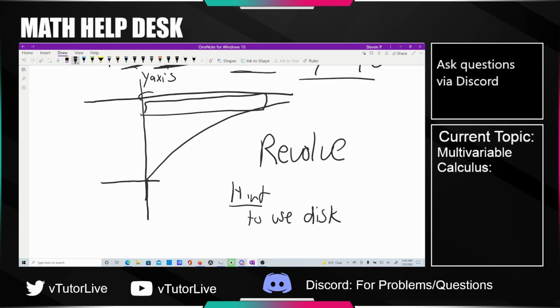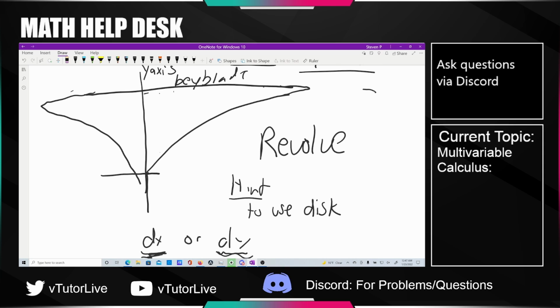You see that? What used to be a rectangle in one dimension is now being spun around into a circle. Can you picture that? Is that crazy, or is that easy to visualize? It's easy to visualize.